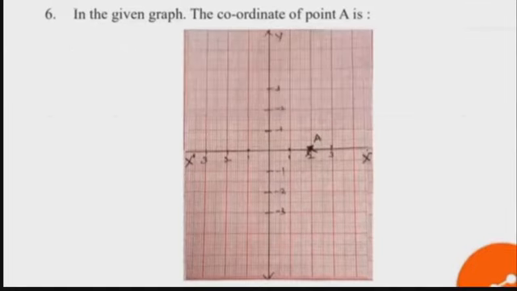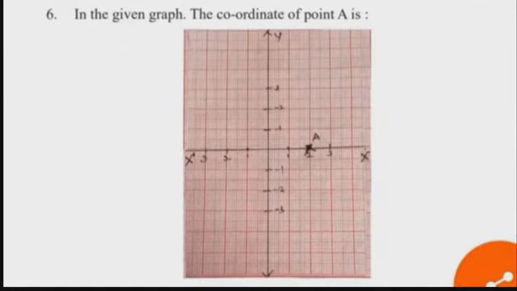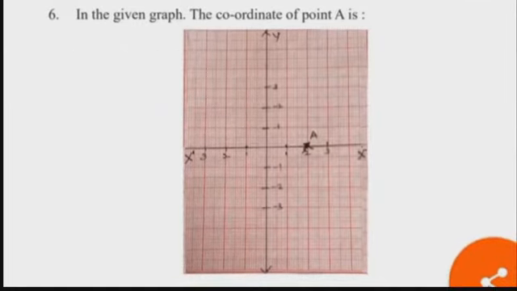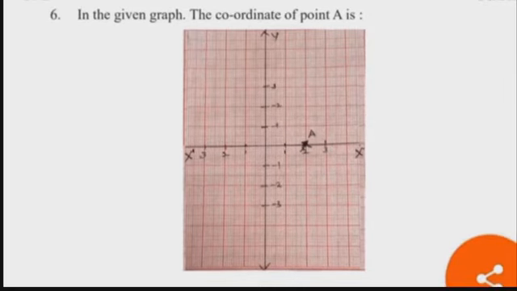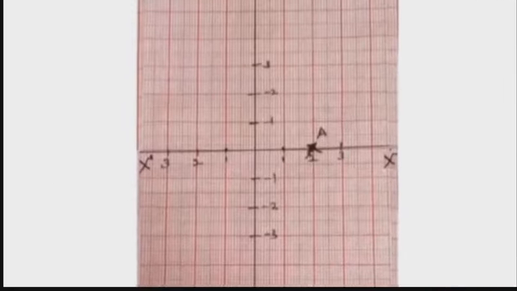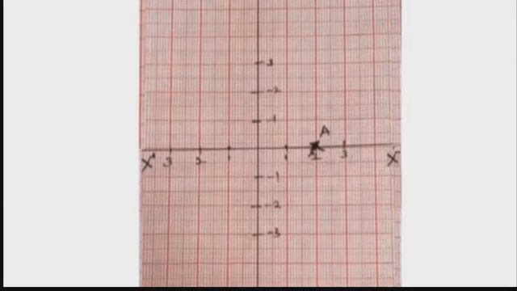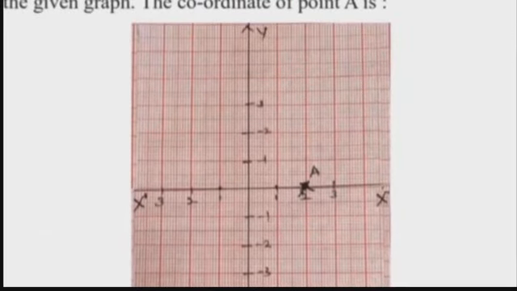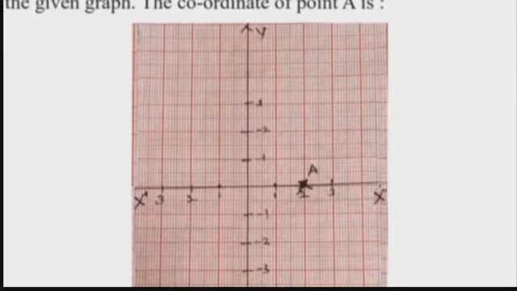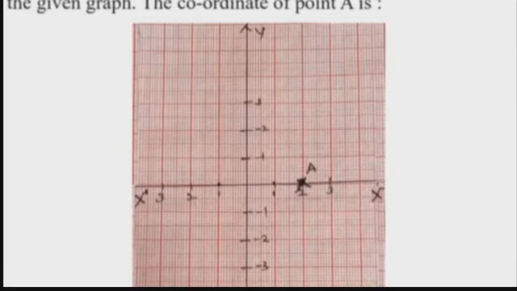Now the next problem is, in the graph, the coordinates of point A. Just observe the graph, children. I'll zoom it. In the graph, always the x-axis value comes first.